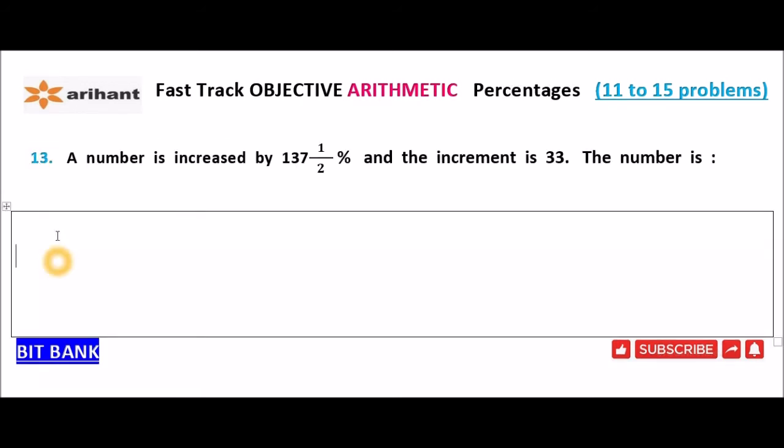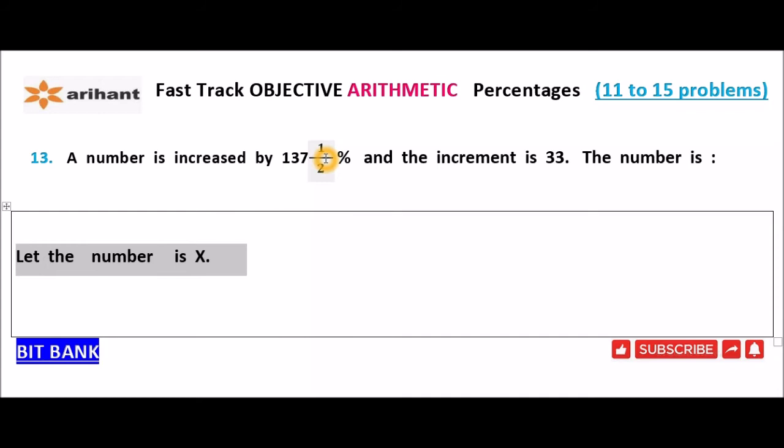13th question. A number is increased by 137.5% and the increment is 33. The number is how much? Let the number be x. That number is increased by 137.5%. Half means 0.5.